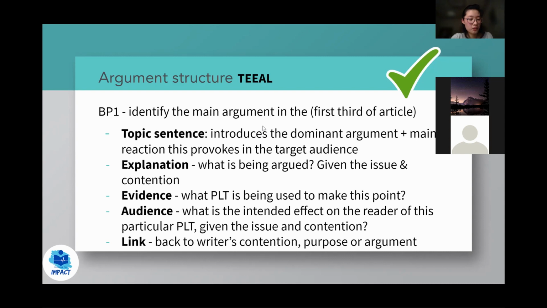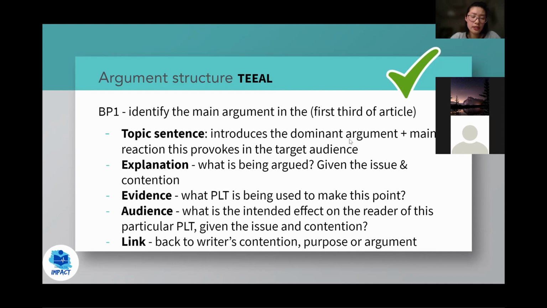And this is the structure that I would follow. So I'm not sure if you guys have heard of the TEEAL structure. It's kind of like text response, but we've also got the audience as well. So topic sentence, its main thing is to identify the dominant argument, and I guess also think about the reaction it provokes in the target audience.